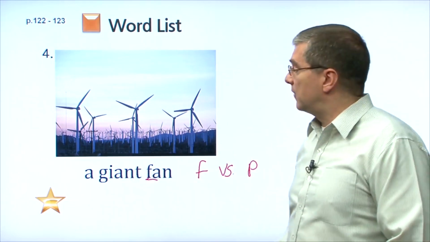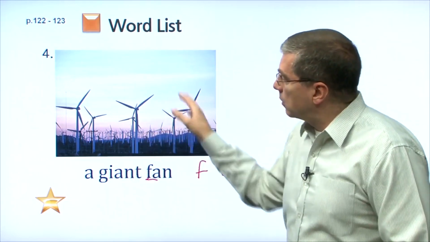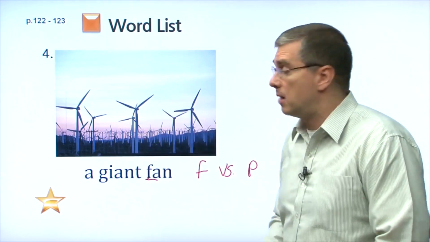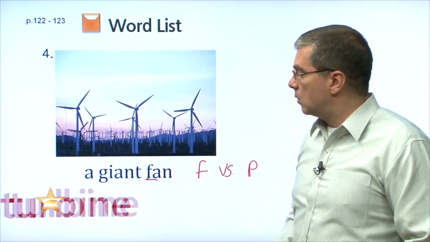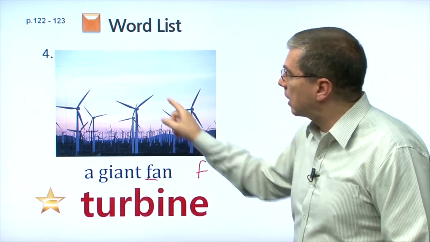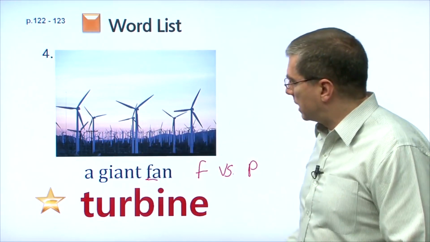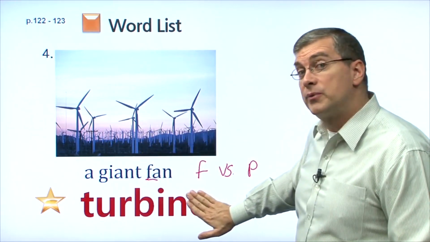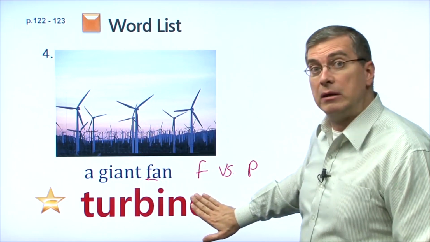What is a giant fan? This is also where we can get electricity. Where does it come from? We can make electricity with a turbine. A turbine. These are turbines. Also be careful here. If there's no E, then it's turbin, right?